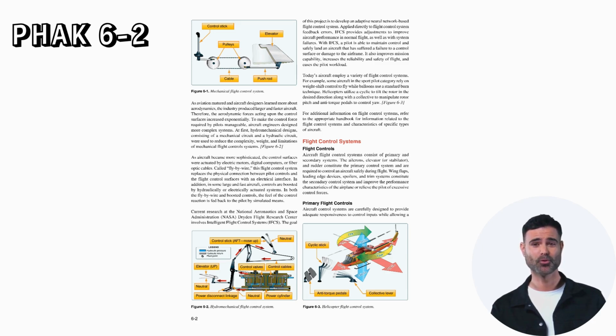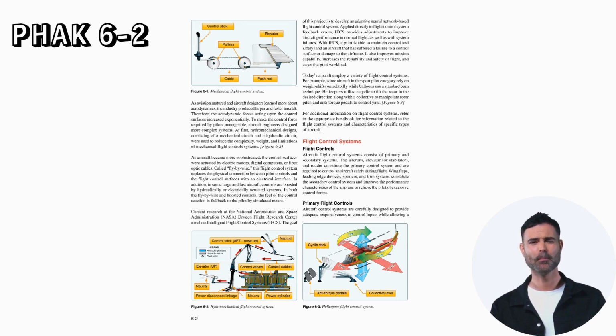To make the control force required by pilots manageable, aircraft engineers designed more complex systems. At first, hydromechanical designs, consisting of a mechanical circuit and a hydraulic circuit, were used to reduce the complexity, weight, and limitations of mechanical flight control systems.